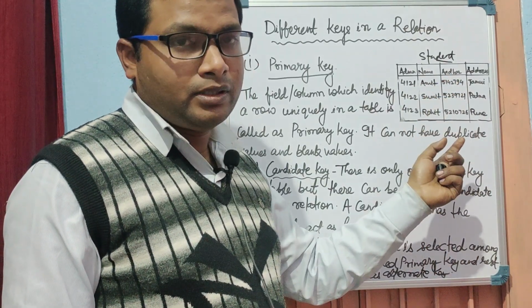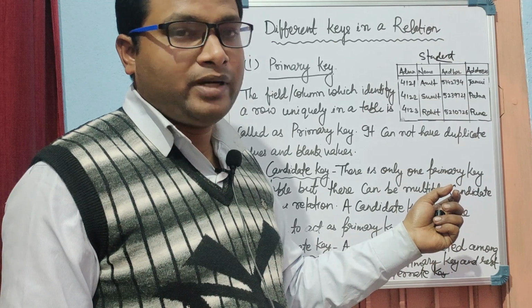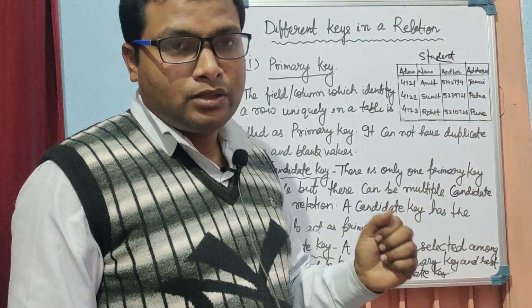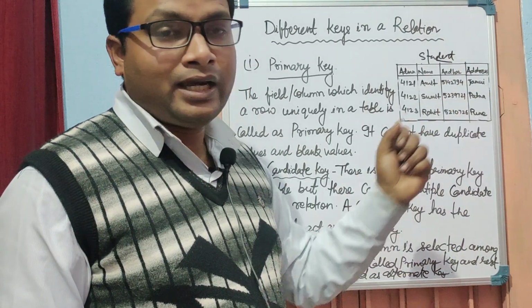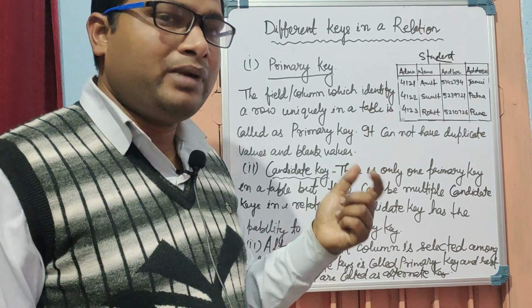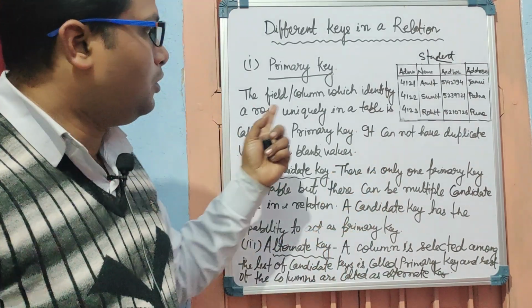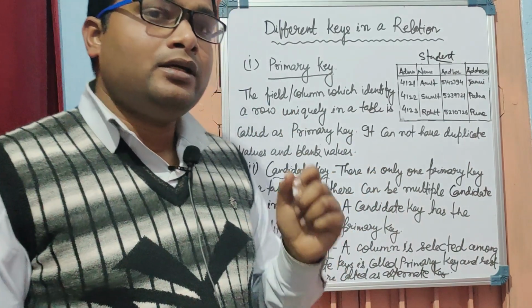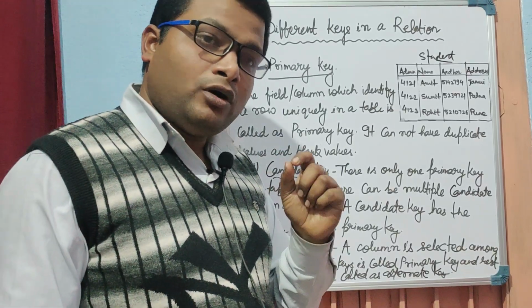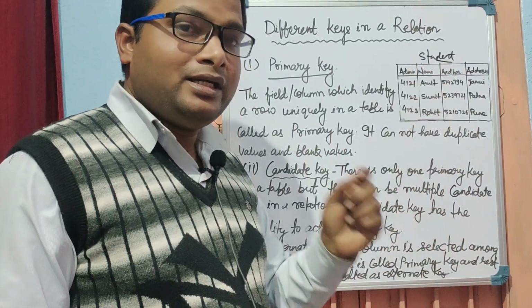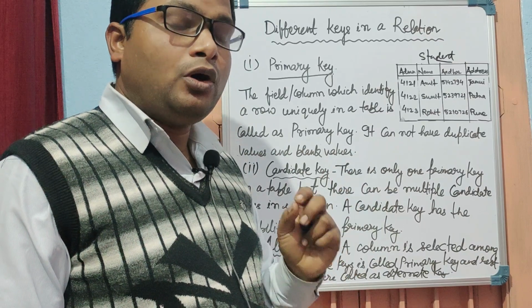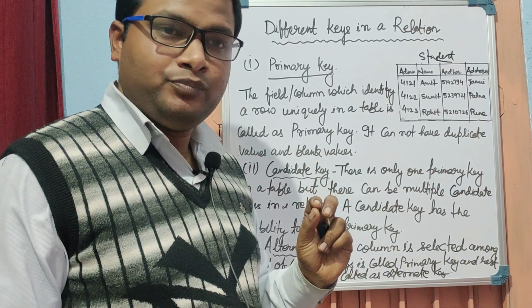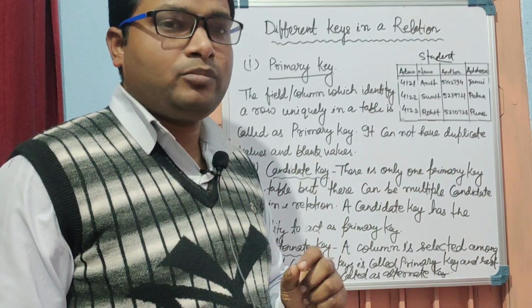And Aadhaar number can also be selected as primary key, but address cannot be selected as primary key because it can have duplicate values or blank values also. So what is a primary key? Primary key means when a column is selected as primary key, then it cannot have duplicate values or blank values. Okay, so this one is the definition of primary key.